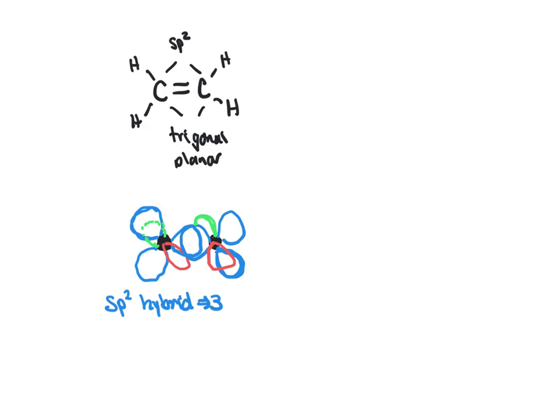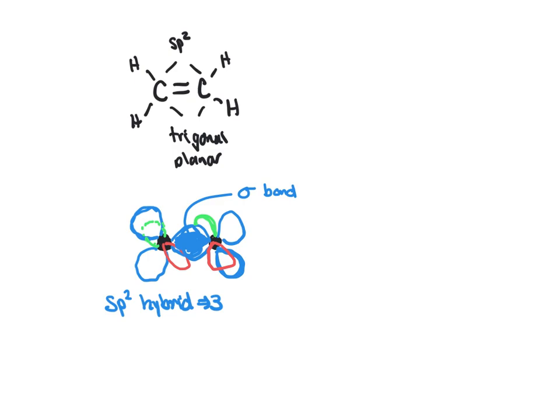So this overlap here is entirely between the 2 atoms. And that overlap forms what we call a sigma bond, because that overlap forms an electron orbital that is completely between the 2 atoms. So that's a sigma bond.